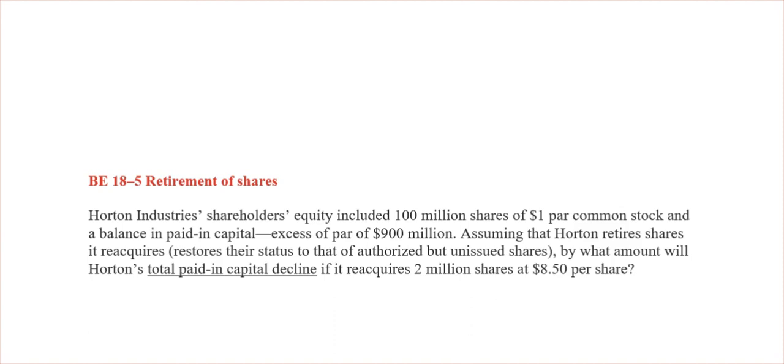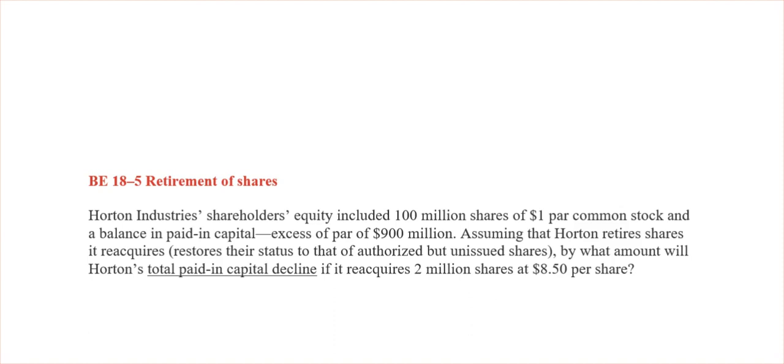And I would say this total paid in capital business they're talking about, again, it's a confusing thing. I will not confuse you, by the way, on an exam, but the total paid in capital they're talking about is really contributed capital. They're saying the group of accounts is contributed capital.